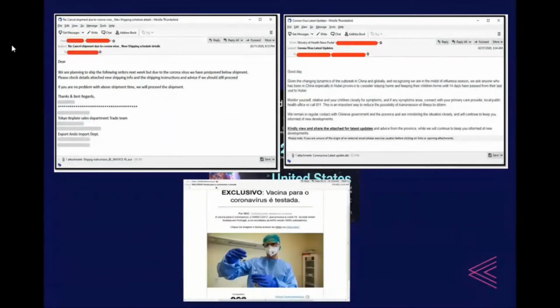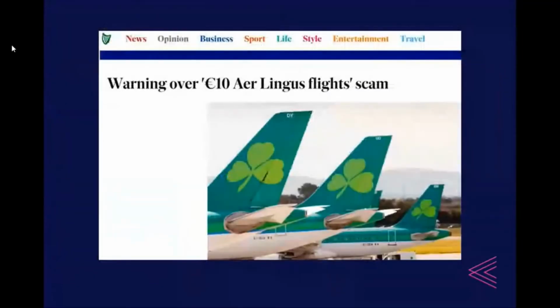I'm just giving you a couple of phishing emails on how those malicious actors can attack. And Ireland is no exception to this. We all remember maybe the mass scale spam attack on Aer Lingus, trying to spread a scam email claiming they had overflight vouchers because of their 80-year anniversary.